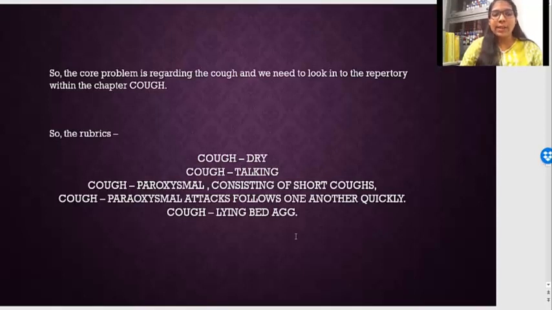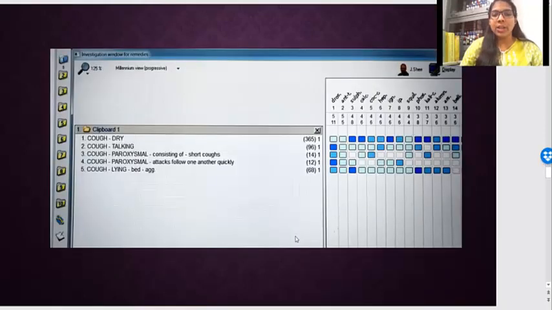When we put all these rubrics in a repertory sheet, we get many medicines. And we see here that Drosera and Antimonium tartaricum are the only 2 medicines which cover all the rubrics.